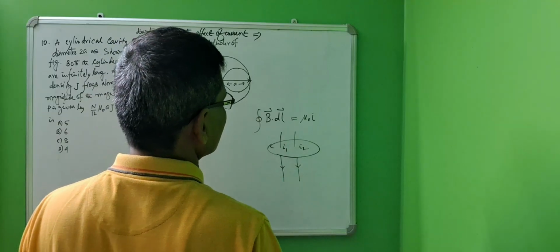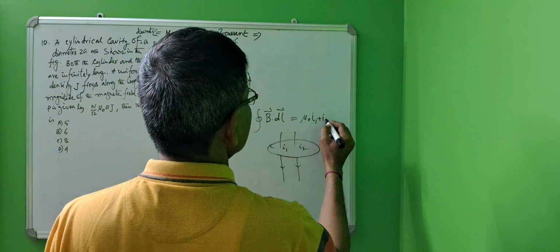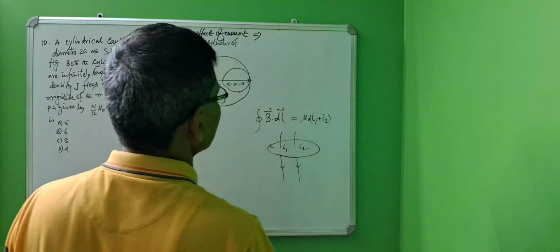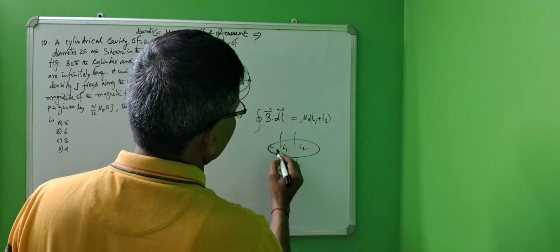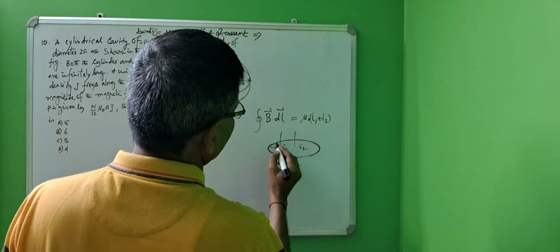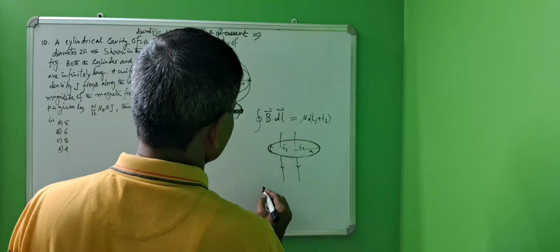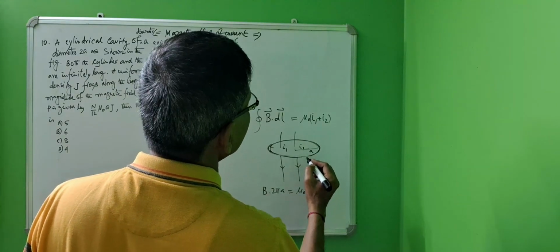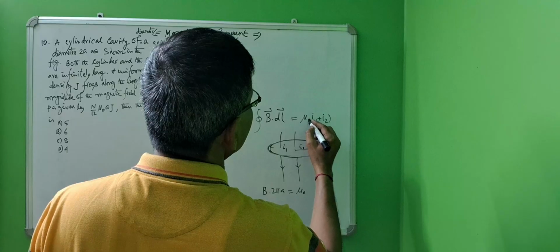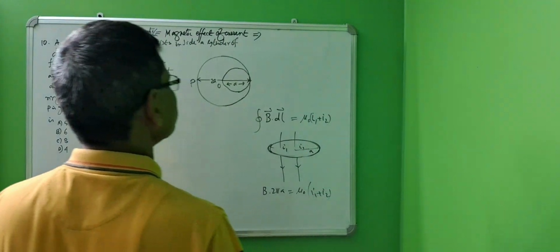So the circuital law says, with L the total line, B into the length, if the radius is A, B into twice pi A equals mu 0 times (I1 plus I2).